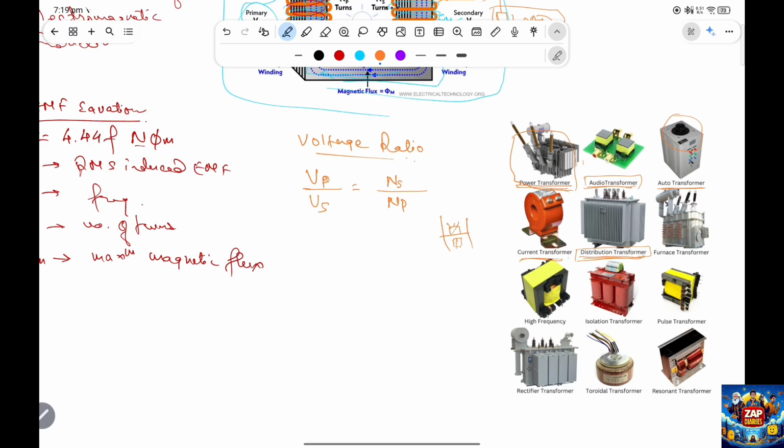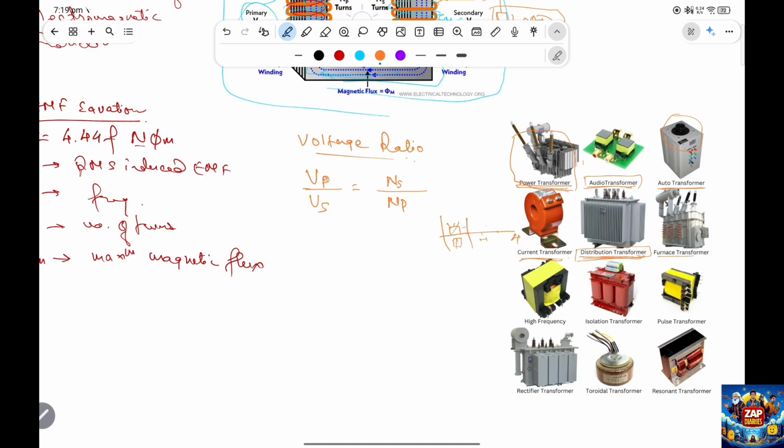For each household society there are usually one or two distribution transformers to maintain the constant voltage. We are running a lot of inductive stuff like motors, fans, air conditioners. So when the line goes from this transformer to many households, there's a voltage drop. To manage this voltage drop, this transformer is used. So this is a distribution transformer.